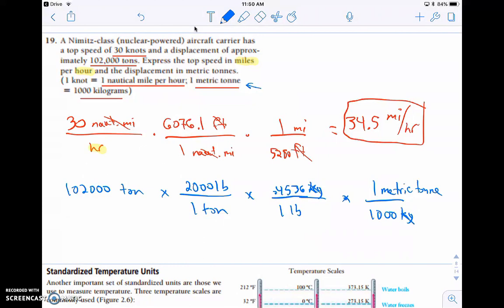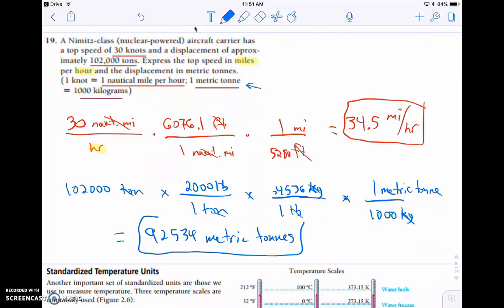So again, kilograms cancel, pounds cancel, tons cancel, and we multiply all of this out, divided by 1,000. You're going to get roughly 92,534 metric tons. And that's a conversion from tons in our standard system to metric tons.